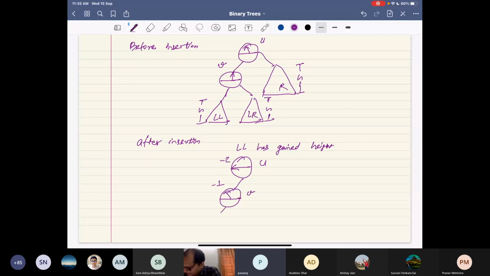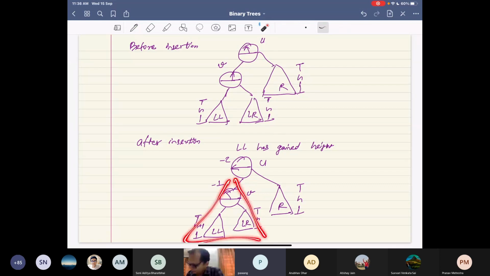LL becomes H+1, and LR remains H. And R remains at H. So the overall height of the left subtree is H+2, and the right is H. Balance factor is -2.